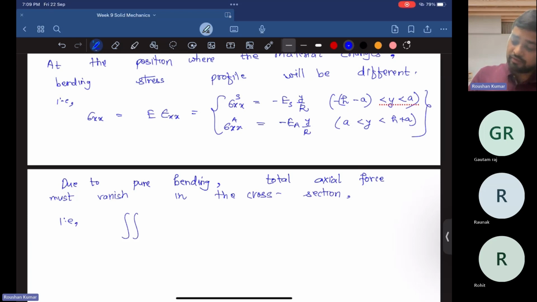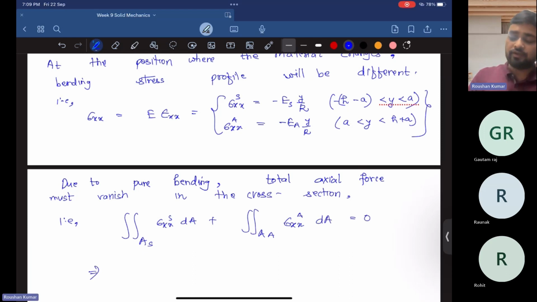That is, the surface integral over the area of steel of sigma xx of steel dA, plus the surface integral over the area of aluminium of sigma xx of aluminium dA, equals 0.